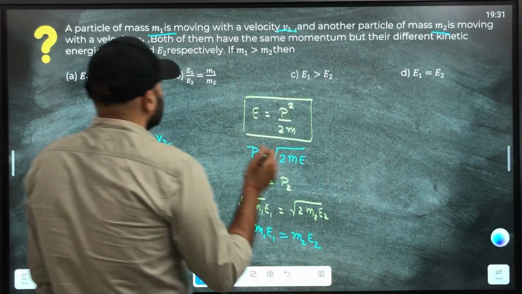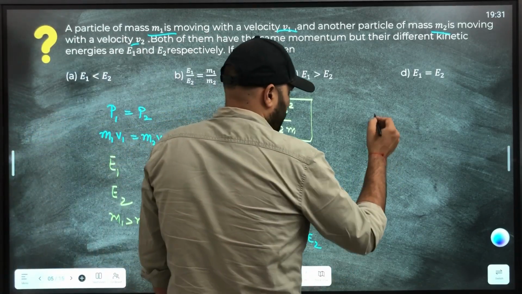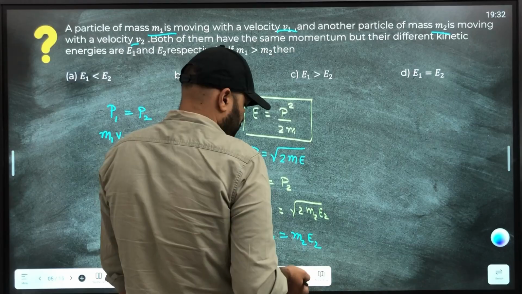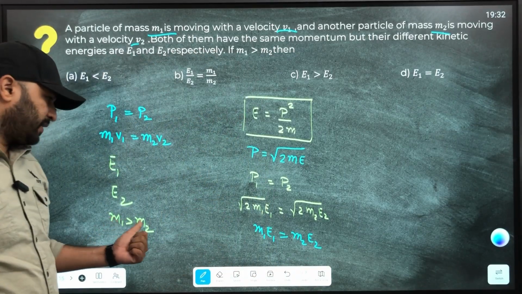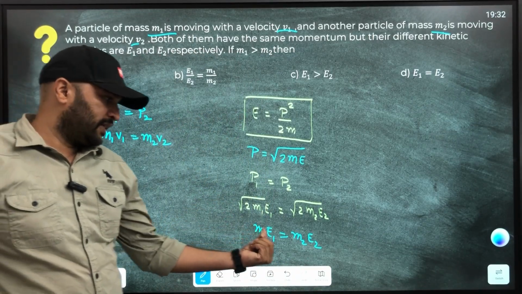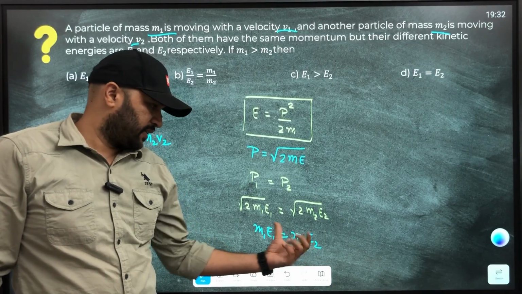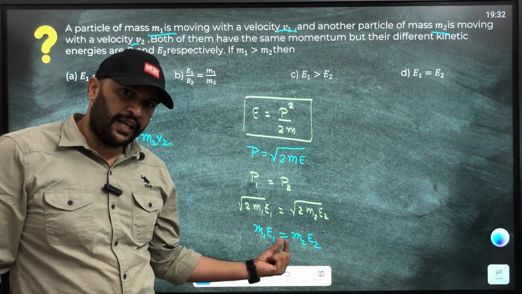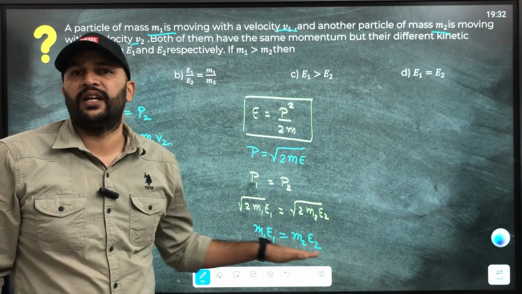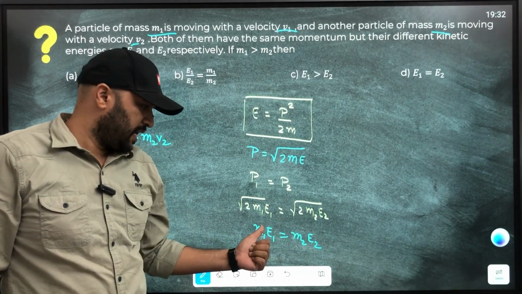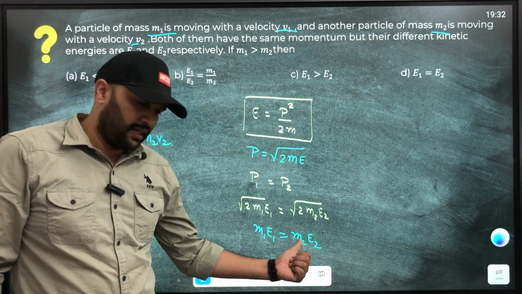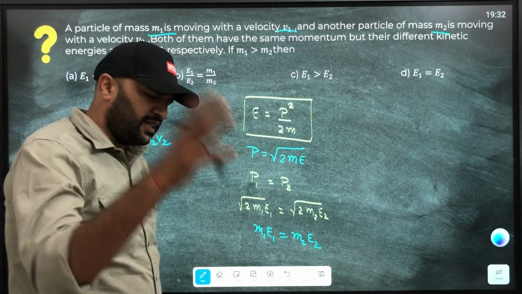Let's see if this is true or not. M1 E1 is equal to M2 E2, and one thing is clear: M1 is greater than M2. If M1 is greater than M2, it is obvious that E1 has to be small and E2 has to be large, so that they both are equal. Let me be clear once again. Just imagine any number to make it very simple.